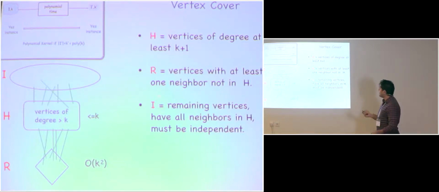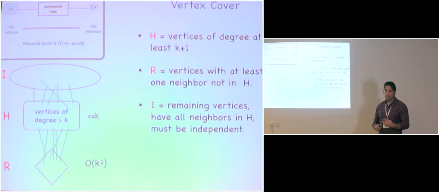In the normal kernel for vertex cover, what we did was we essentially partitioned the vertex set into 3. We had the set H of high degree vertices. These are vertices of degree greater than k. The reason why this set is interesting is because we know that any vertex cover of size at most k contains every vertex in H. Right?